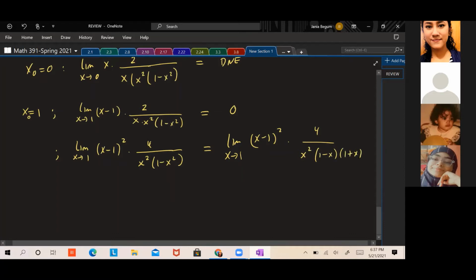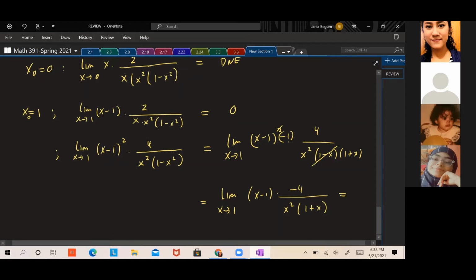And then I can cancel out this factor with one of these, but I have to leave a negative 1 because they just differ by a negative sign. And now let's see what this is. So we have the limit as x approaches 1 of (x minus 1) times negative 4 over x squared times (1 plus x). Now, is this limit finite?